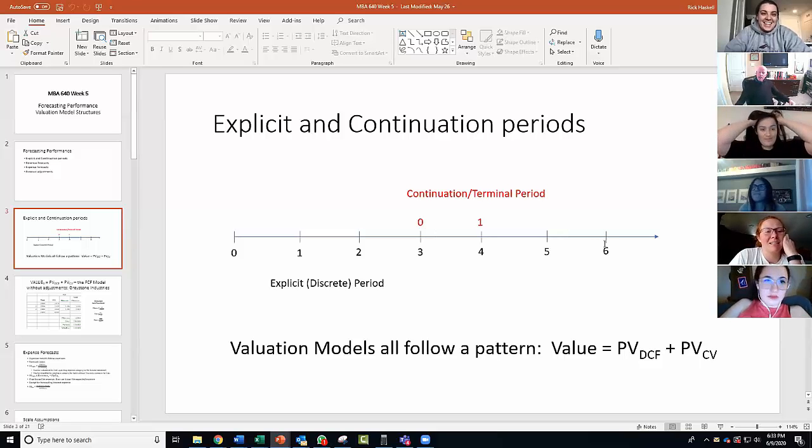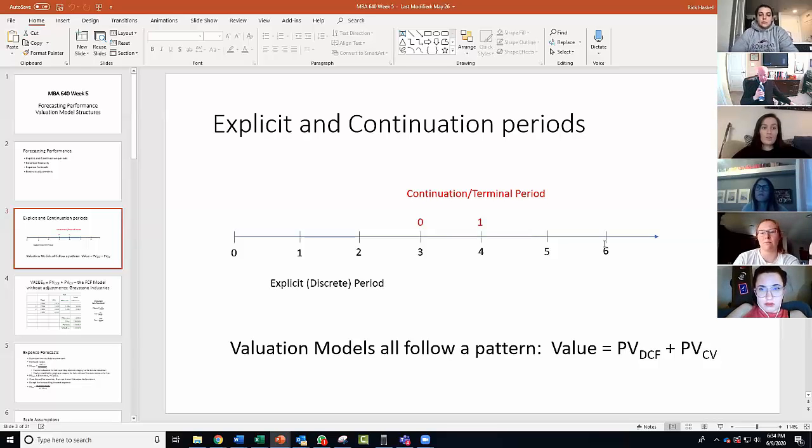Okay, so from my understanding, the explicit period is how far out you're forecasting. So in this case, if you're doing 3 years, you use a certain growth rate for that, because that's what you're estimating or expecting. And then from there on out, that's your continuation period.